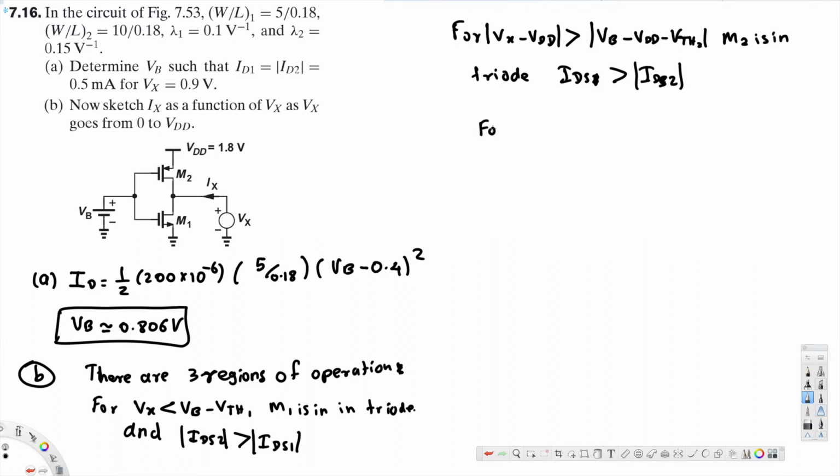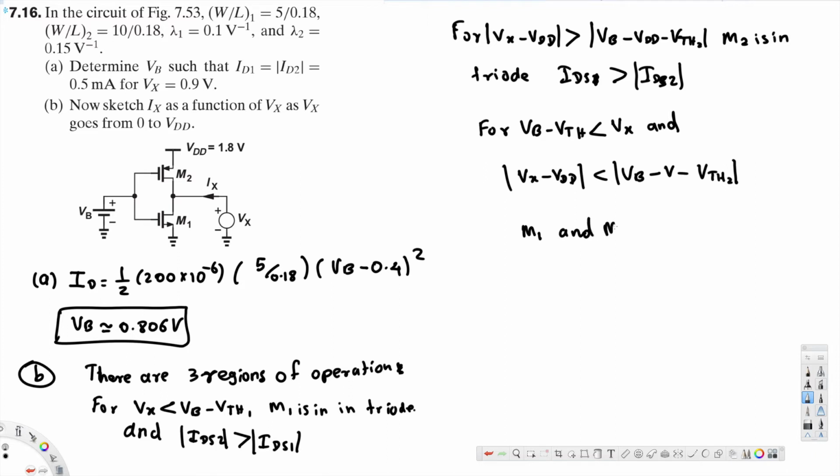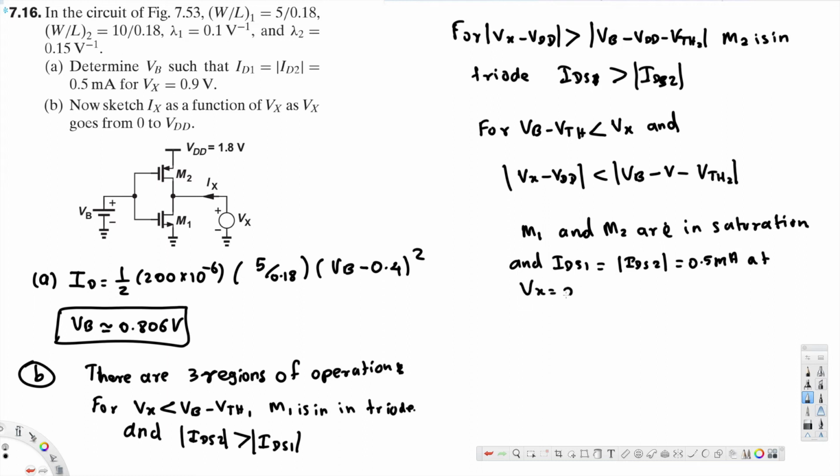Okay, now for VB minus V threshold less than Vx, and Vx minus VDD less than VB minus V threshold 2, M1 and M2 are in saturation, and IDS1 is equal to the absolute value of IDS2, that's equal to 0.5 milliampere at Vx is equal to 0.9 voltage.